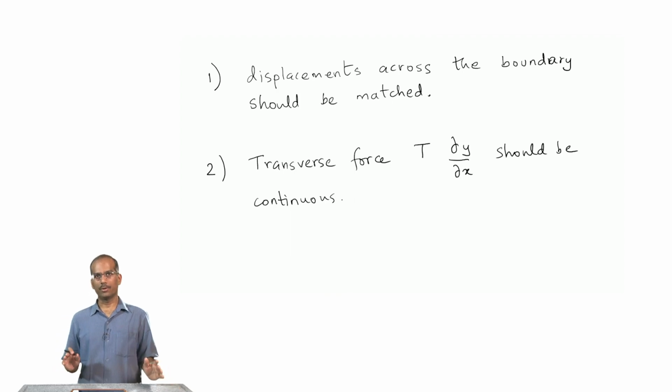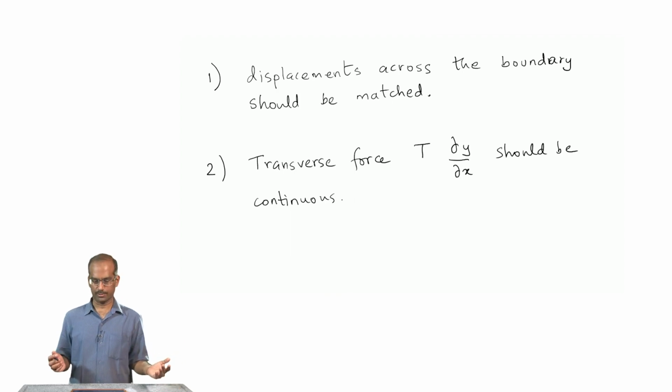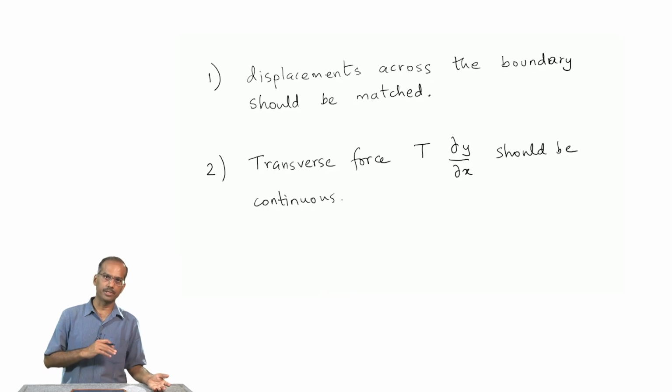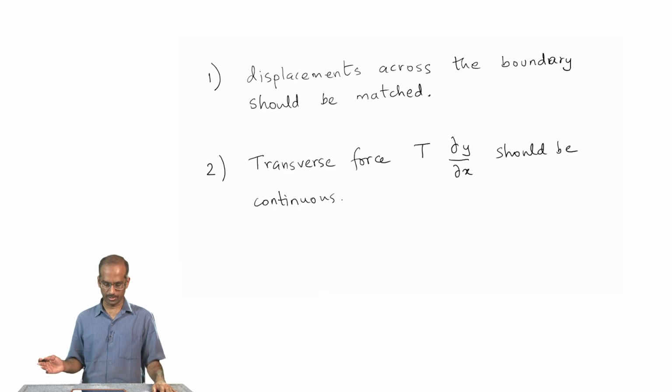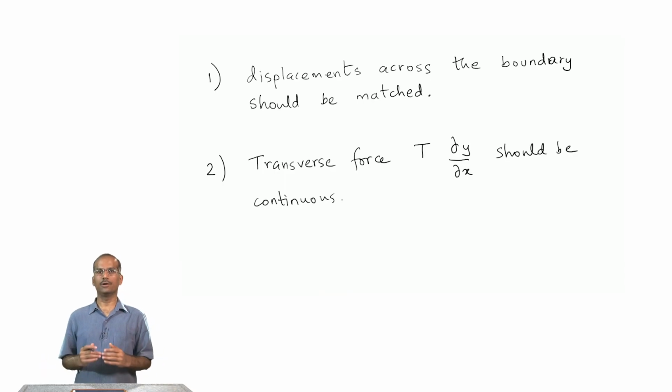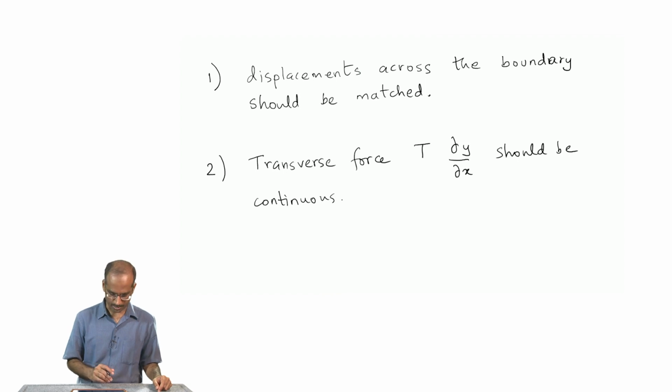So, both boundary conditions are physically motivated, that displacement across the boundary should not be discontinuous. So, we put in the condition that displacement should be continuous and transverse force should not be discontinuous. If it does, there would be net force. So, we avoid that situation and we put in a condition that transverse force should be continuous as well. Okay. Now, we are set up to apply these conditions on our equations.